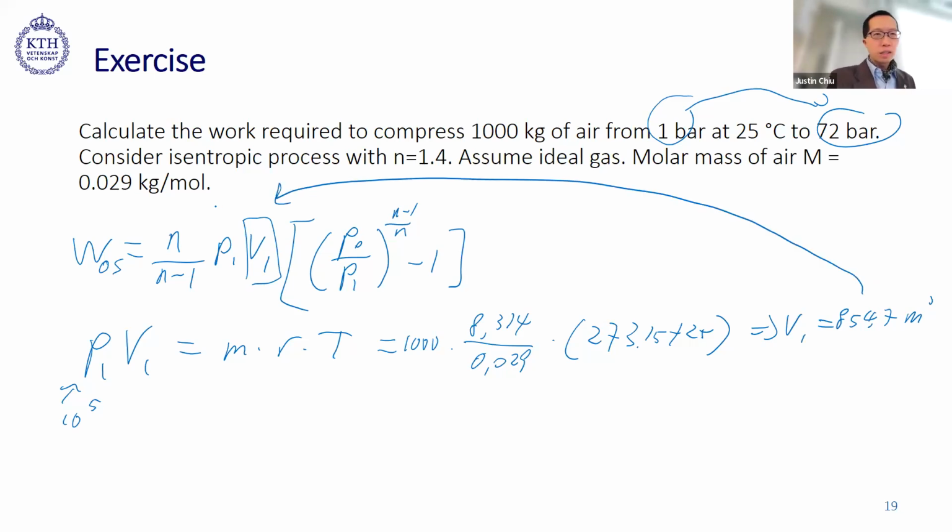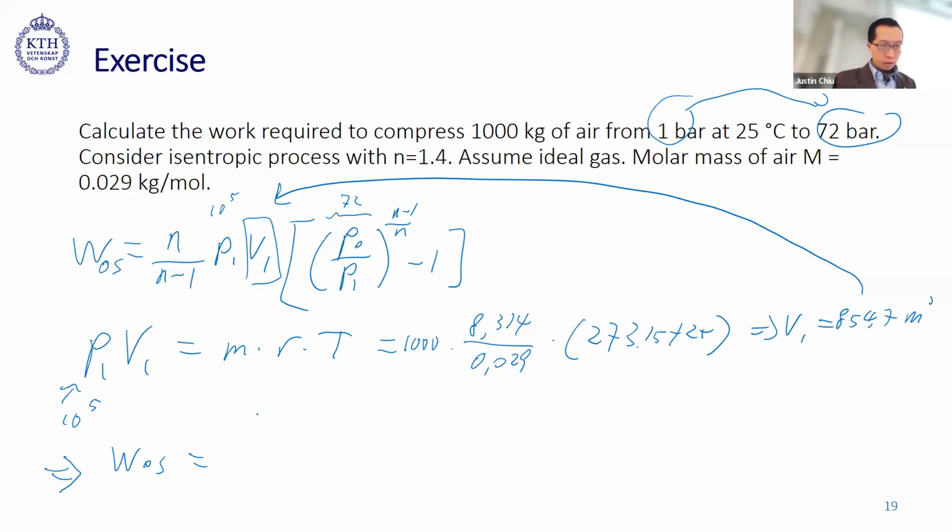And then we put this into there. We know P1, it's 10 to the power of 5. We know the ratio is 72, right? Because we go from 1 bar to 72 bar. We know n, it is 1.4. So then we can calculate this work of the open system.